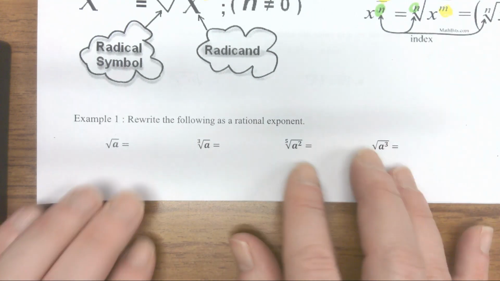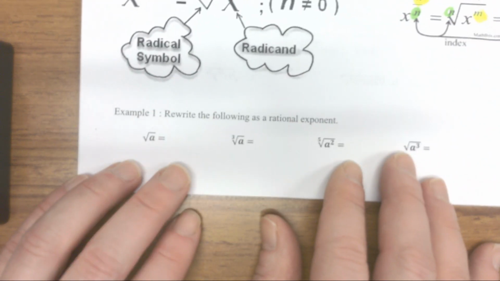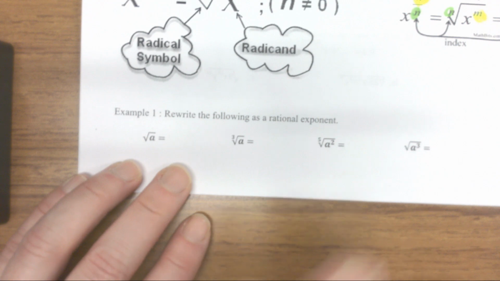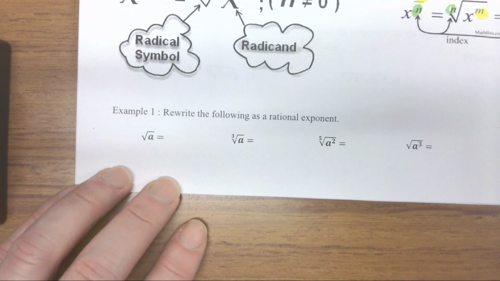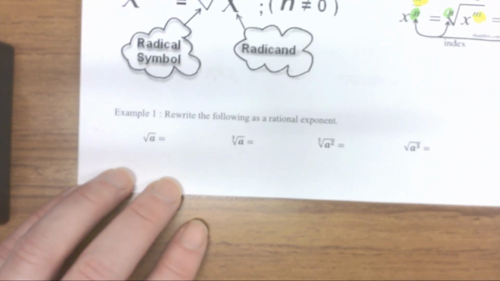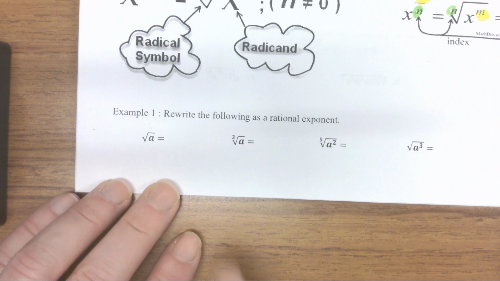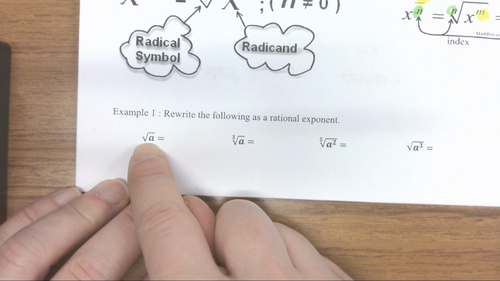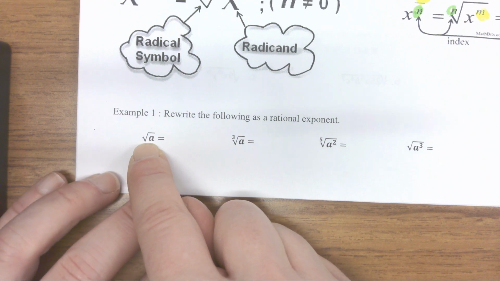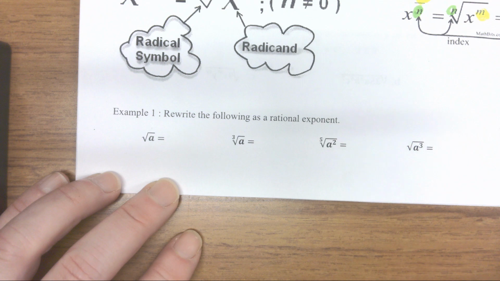So, we're just going to practice right now writing as a rational exponent. That's all we're doing. All right, do you remember what I said about this symbol? If there is no little number there, what root is that? Not 1. What's the smallest root up above?